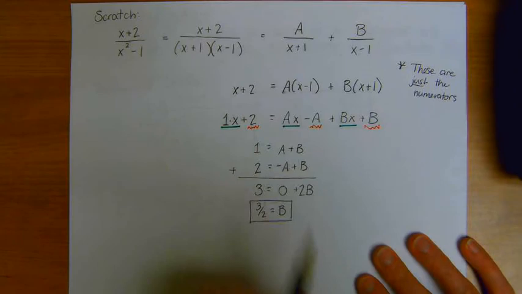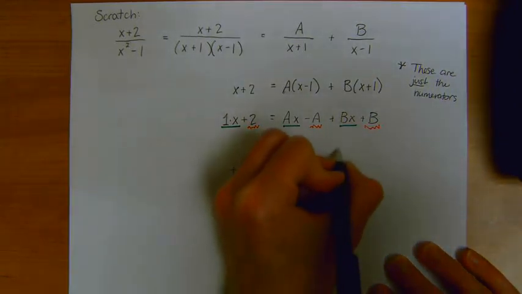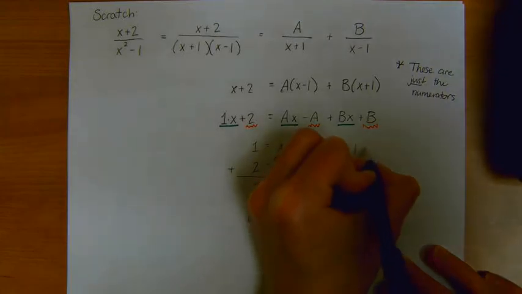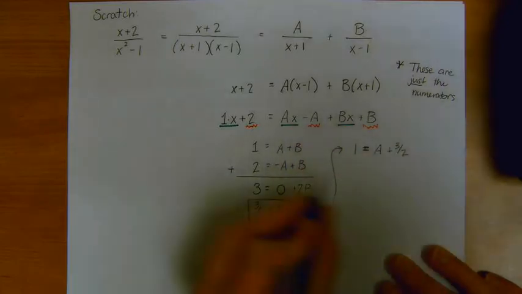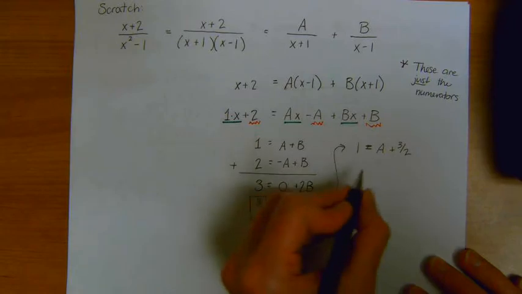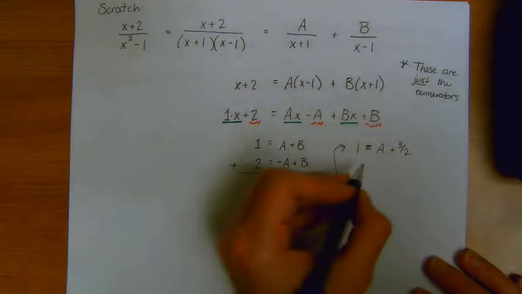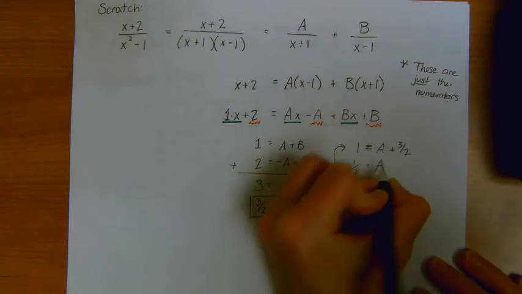Plugging that into this equation up here, 1 is equal to a plus 3 halves, because 1 is equal to a plus b. So I subtract 3 halves from each side. 3 halves is actually 1.5, so I get negative 1/2 is equal to a.